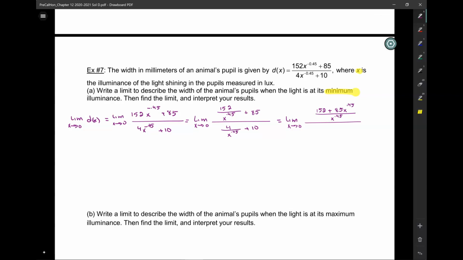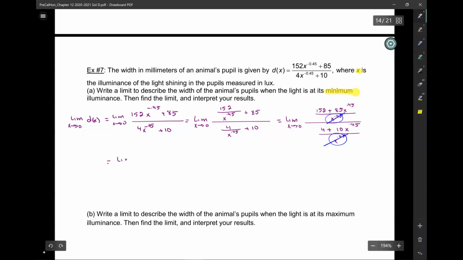So I'm just going to do a common denominator. I'm going to multiply this by x to the 0.45 over x to the 0.45, same thing on the bottom. The denominator is going to be x to the 0.45, and the numerator is going to be 4 plus 10x to the 0.45. Now, what happens to this and this? It cancels.